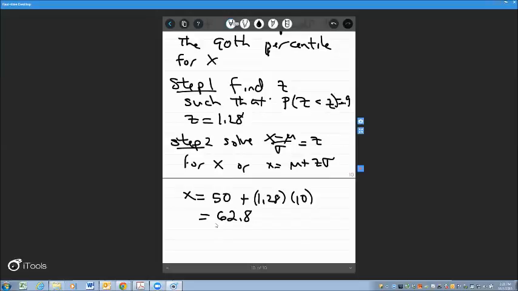So let's say I have a one-size-fits-all garment, and it really is set to fit 90% of the population. So anybody that has a size bigger than this would be out.